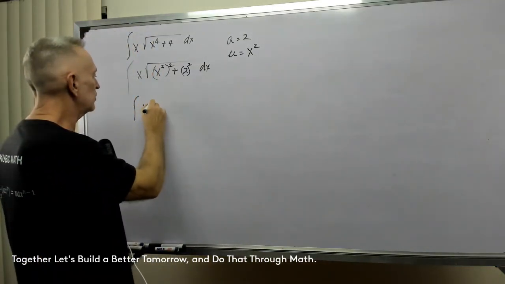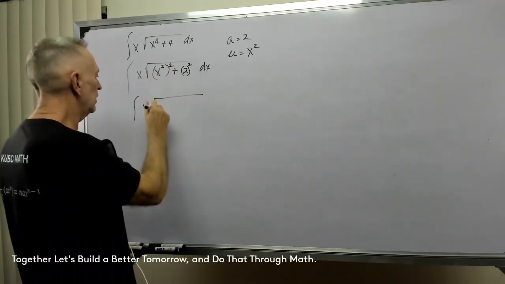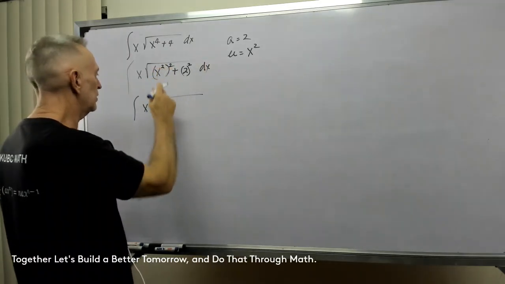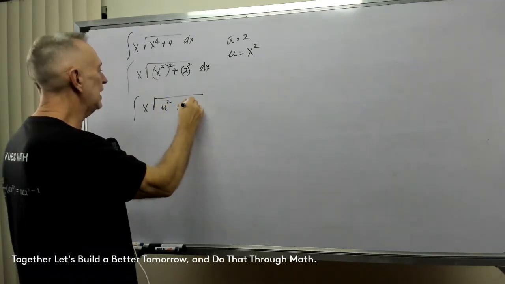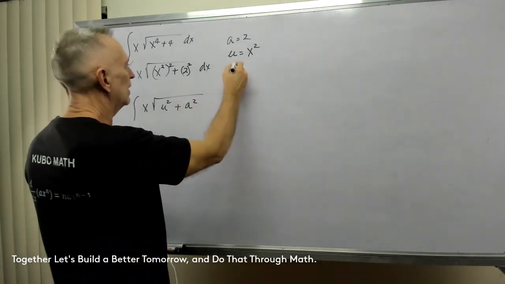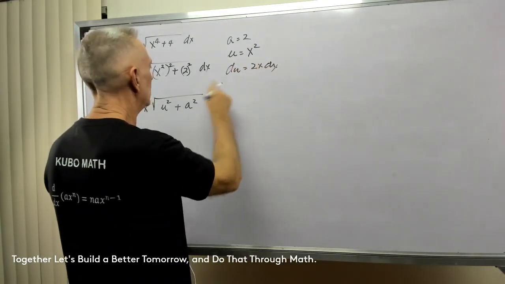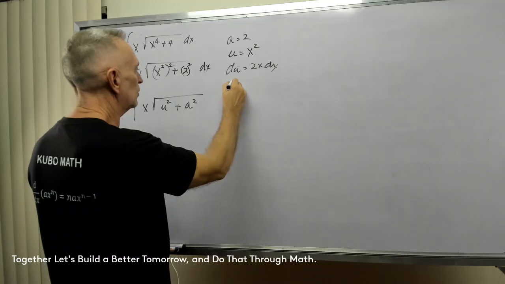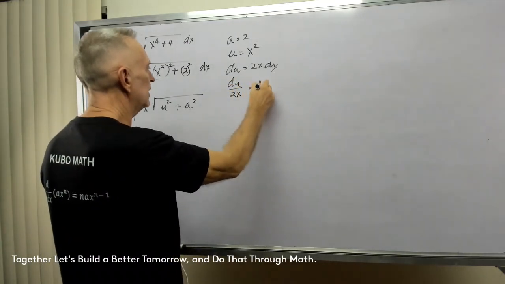We have x times the square root of u squared. U is x squared, so that's in the parentheses there. U squared plus a squared. And we've got to get du here. That's 2x dx, because we need to replace this dx. So I have du divided by 2x equals dx.